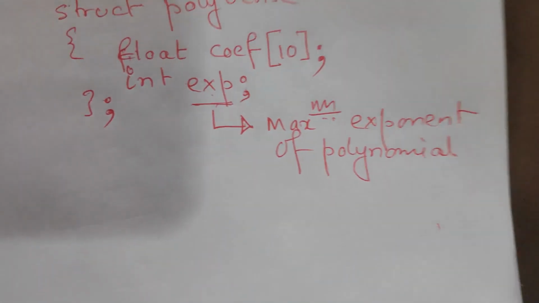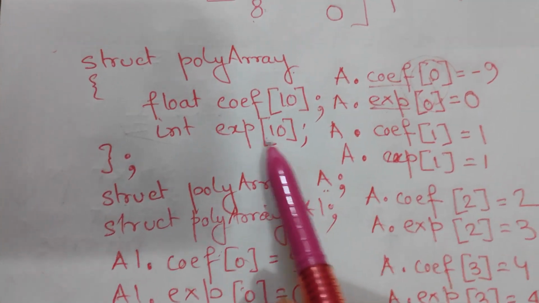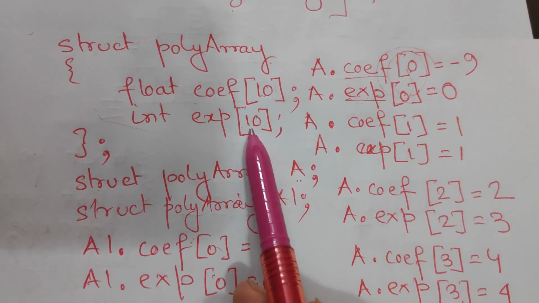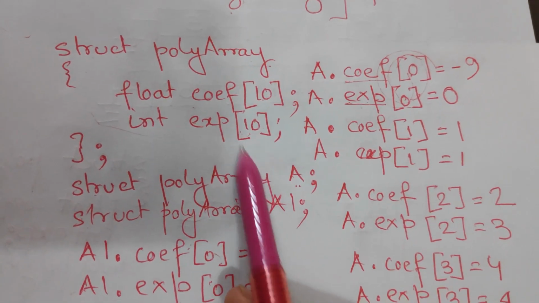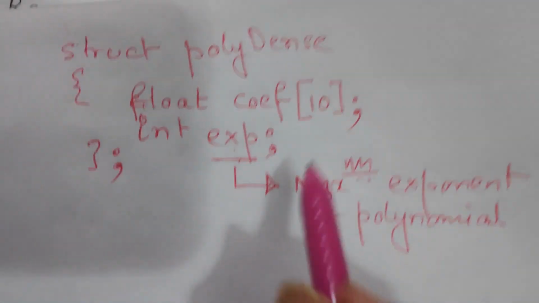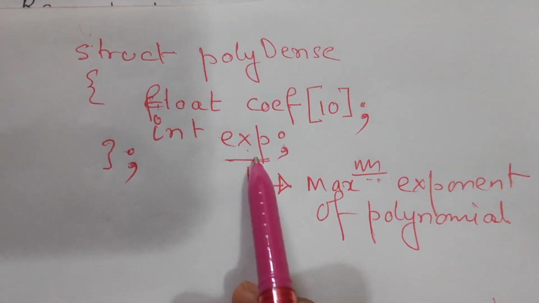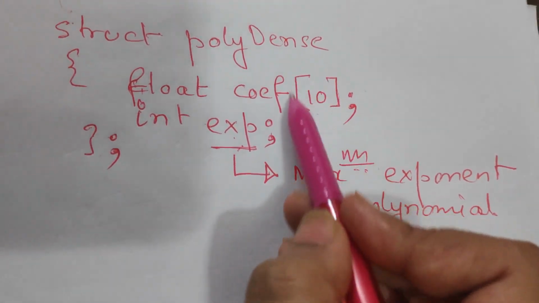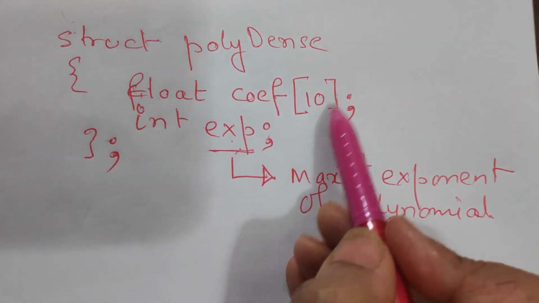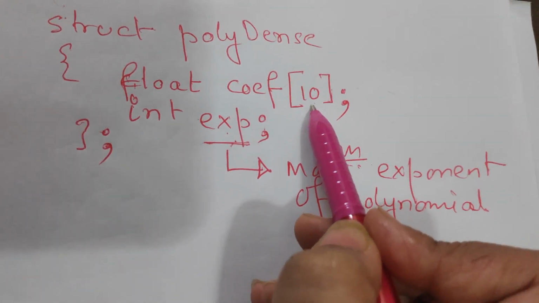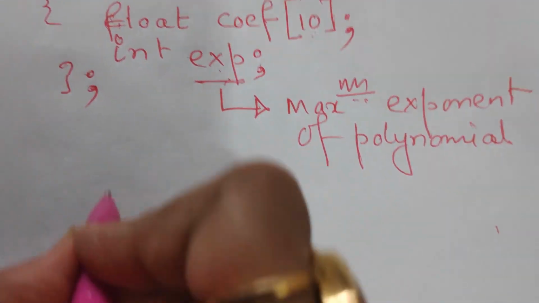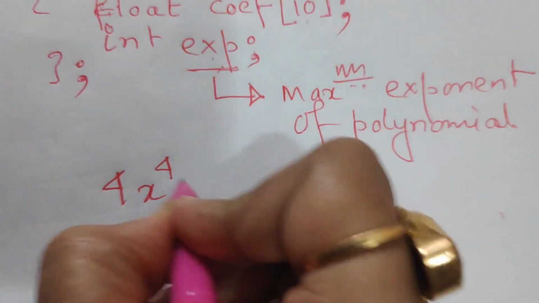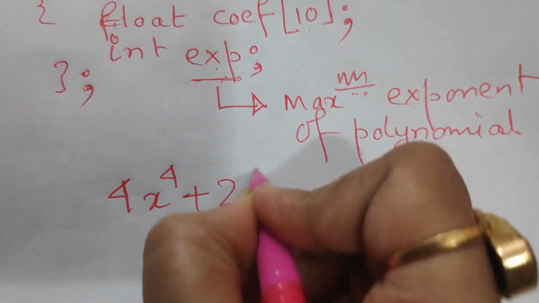Over here, in this representation, we were taking an array of 10 elements. So it was taking, if each integer is of 2 bytes, clearly 20 bytes of space. Over here, the space has been reduced to 2 bytes, right? And this 10 memory space for the coefficient was used before also, and it is there now also. So how will we represent the same polynomial using this method?